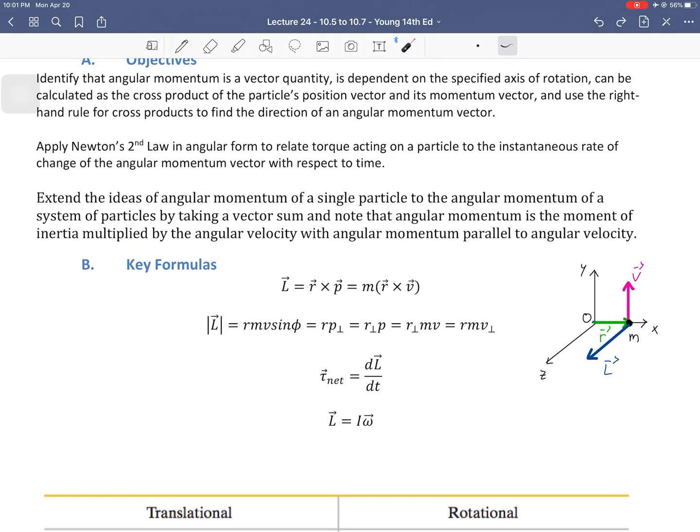And then when you do the cross product, one way to confirm that in this case, angular momentum would point along the positive z-axis, if the displacement vector points along the positive x and the velocity vector points along the positive y, is to hold your thumb in the direction of the displacement vector r, hold your index finger in the direction of v. This has to be your right hand.